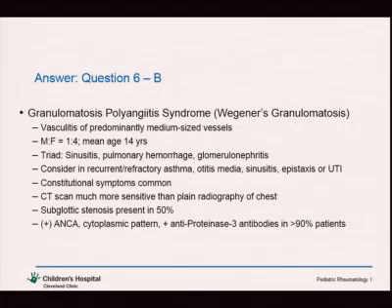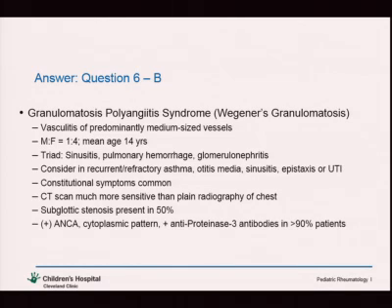So the triad is sinusitis, pulmonary hemorrhage, glomerulonephritis. Patients can be quite sick if they have a degree of pulmonary hemorrhage. They often present with sinusitis or nosebleeds, refractory otitis media, subglottic stenosis, like I mentioned, and patients may be asymptomatic, so getting a screening ear, nose, and throat upper airway check can be important.